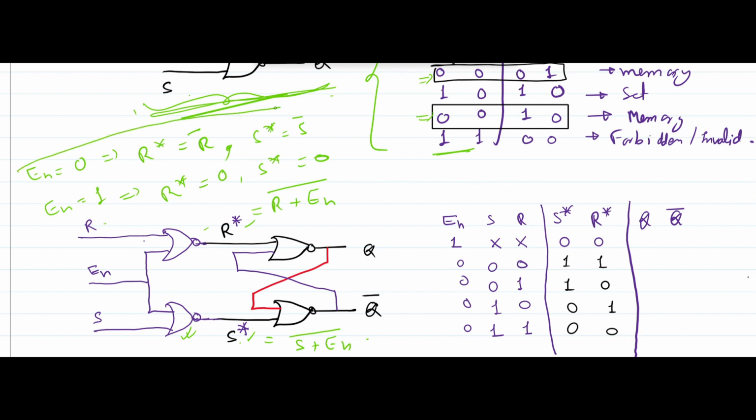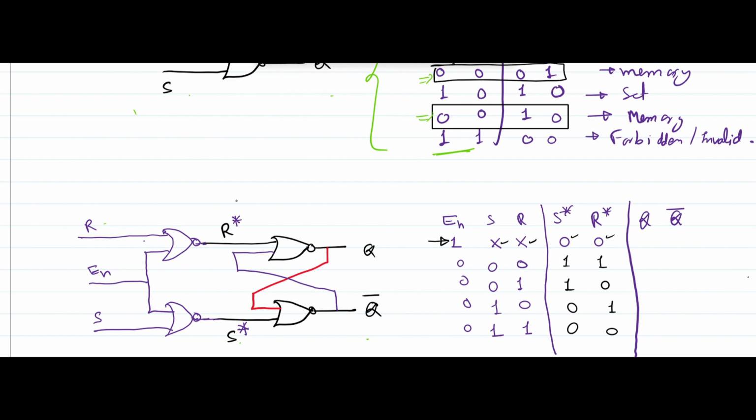So this is what we will have for enable 0 and 1. Now I am going to use this concept. If enable is 1, R star is 0 and S star is 0, irrespective of the values of S and R. Let me first fill the input side, and then I will fill Q and Q bar.